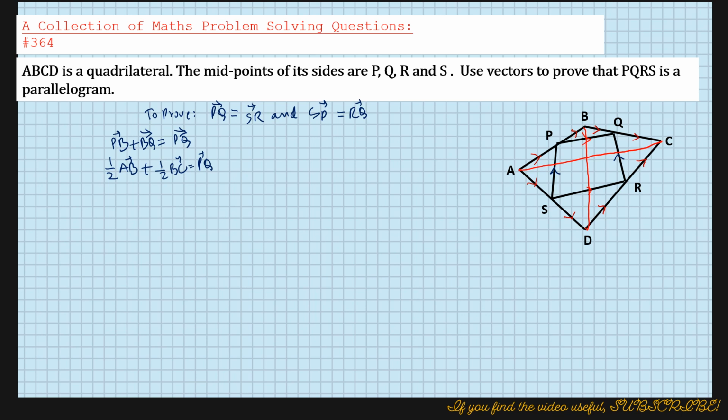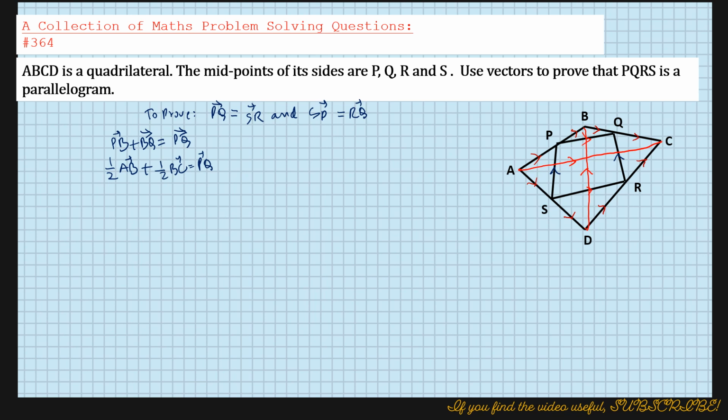AC is in the A to C direction, and BD, or DB, we will make parallel to QR, so it's all pointing upwards, D to B in the same direction. So you see P to Q, A to C, S to R, and S to P, D to B, R to Q. These arrows are important because otherwise our proof will be all messed up.